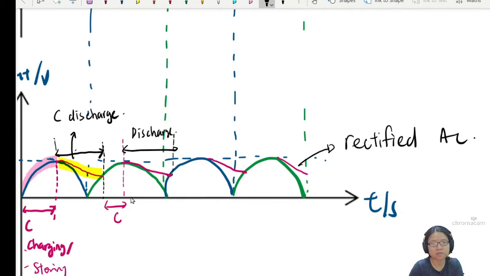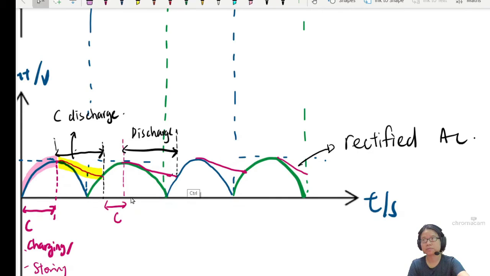Depending on your drawing, something is wrong with my blue graph, but normally the charging cycle is smaller than the discharging cycle. Let me redraw this a bit. So this is the discharge cycle, and here to here would be the charging cycle. I hope you get the idea.